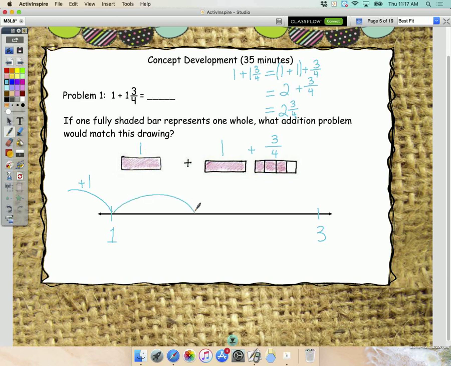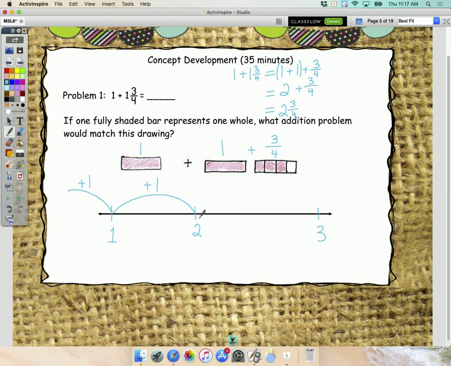So I'm going to fly over here and land on a 2. Now what this does is give us more room on the number line. Do you notice? And I added 1, didn't I? Do you notice that I'm not even caring if they're equal? Yep.